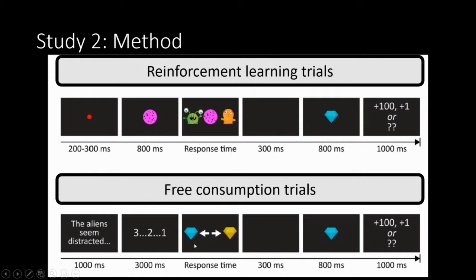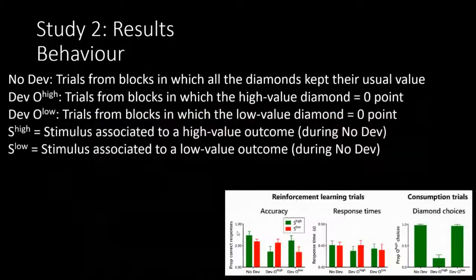Obviously, what is rational is to pick all the time the high value diamond because it's worth 100 points. But if you are in the devaluation of the high value diamond block, you should pick the other one. This way we could check if the participants were also understanding the instructions and all these things.